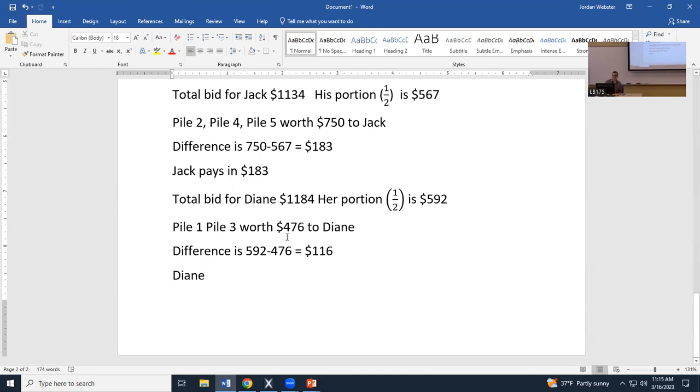Now, if you notice, she got less than her portion of goods. That means that $116 needs to be coming back to her. Does that make sense? So Diane gets paid $116.